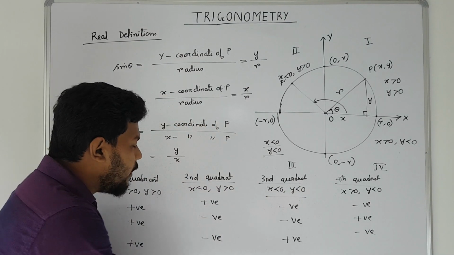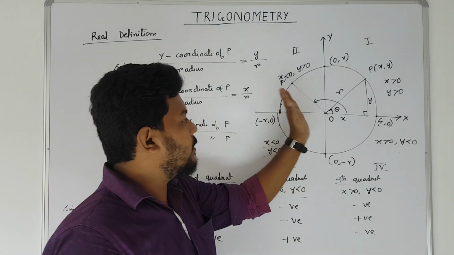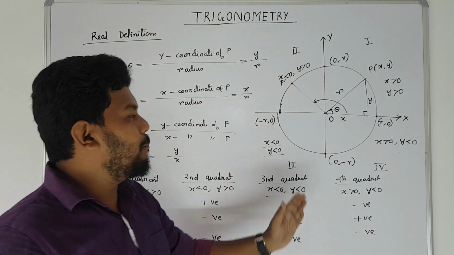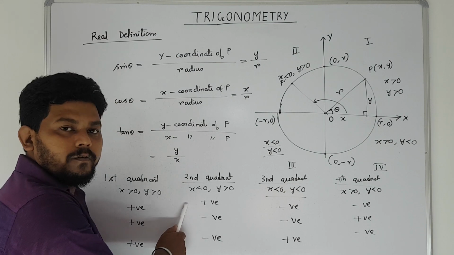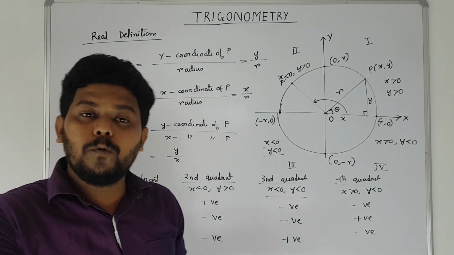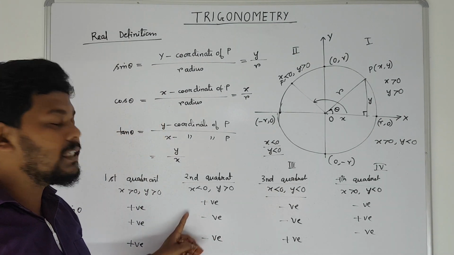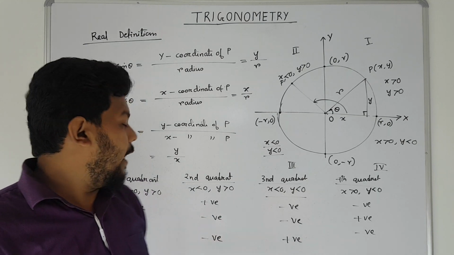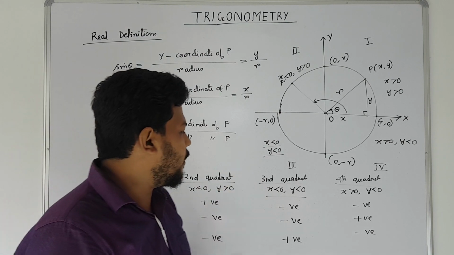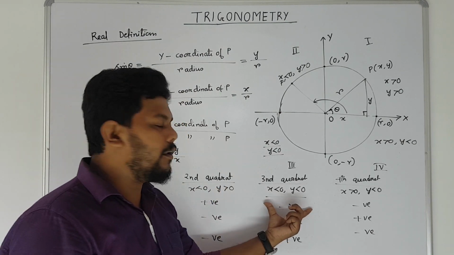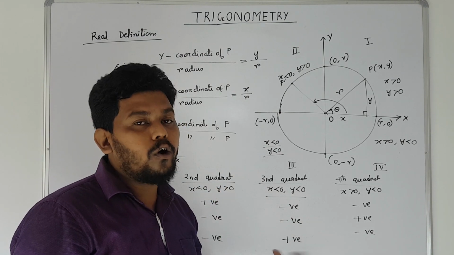In second quadrant, when the angle is between 90 and 180, the value of sine theta is positive. That means cosec theta is positive, cos theta is negative, that means sec theta negative, and tan theta negative, that means cot theta also negative. In third quadrant sine negative, cos negative and tan positive.